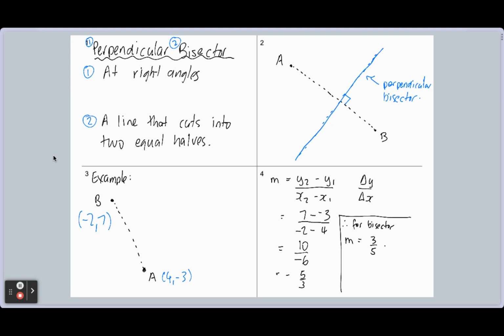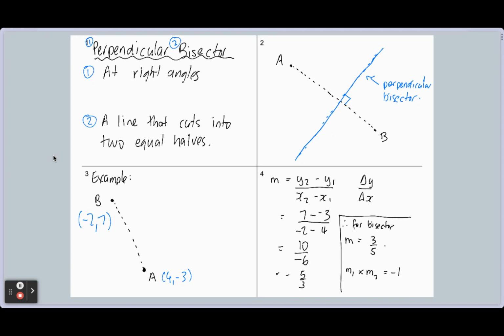Great. So I said that we need the... Oh, I'm going to say something which is a really bad thing for a mathematician to say. It just is. I can prove it to you, but ultimately the proof is that when you have perpendicular lines, their gradients, when multiplied together, give you -1.